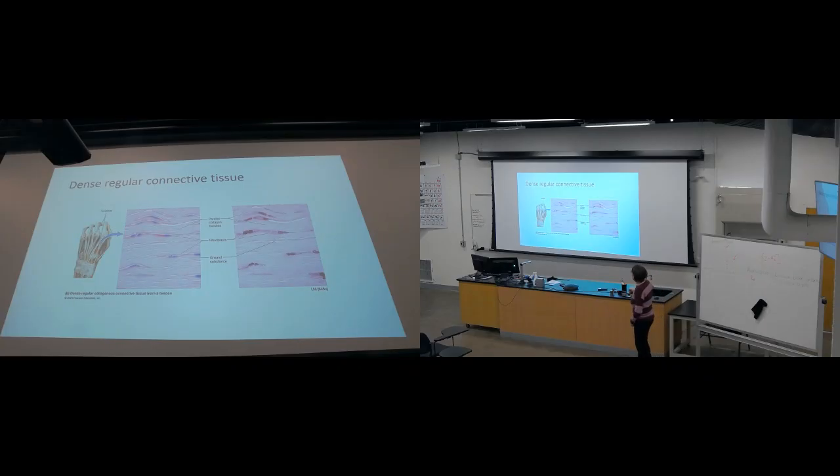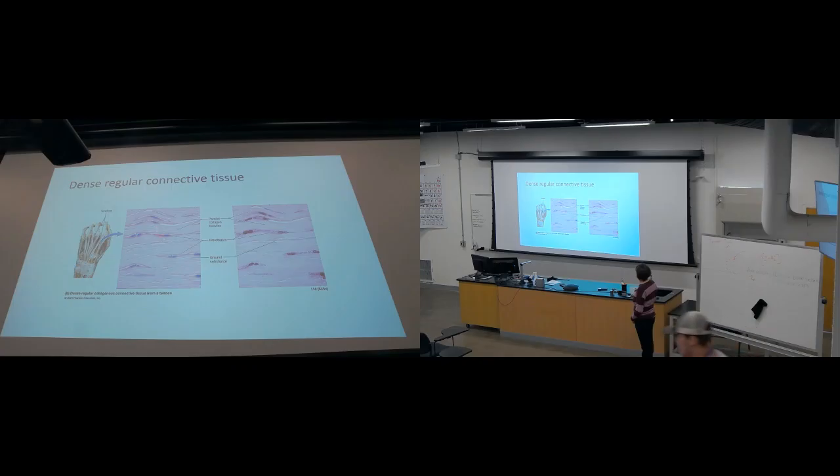Now, in our ligaments and tendons, this is the view of a cadaver hand. If you magnify one piece of it, in this tendon of the fingers, or well, the metacarpal area, sorry, you can see a lot of collagen fibers.